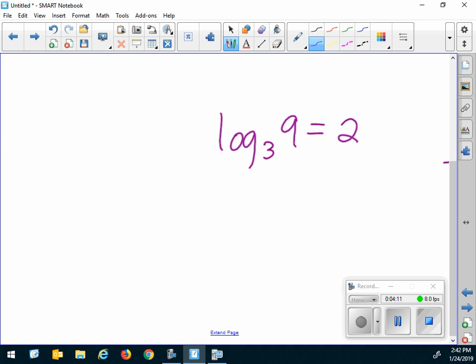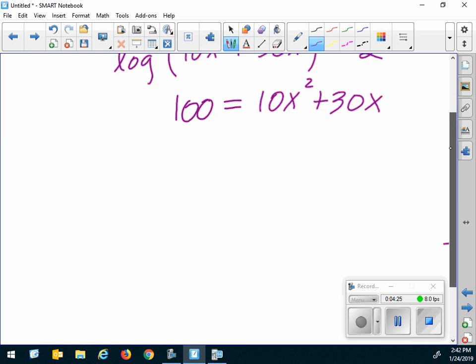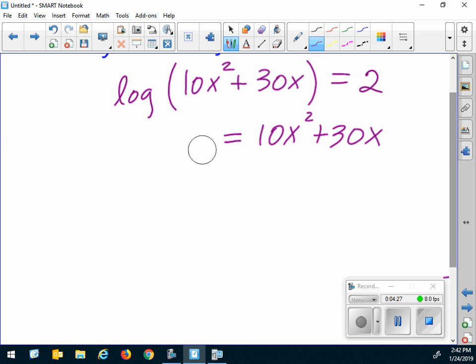I said 3 to the second power equals 9. That's what I just did. So 10 to the second power equals nothing. But what is 10 to the second power? 100. Just keep going. All right.